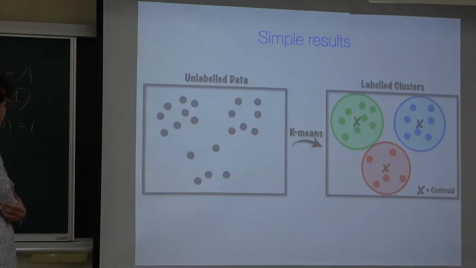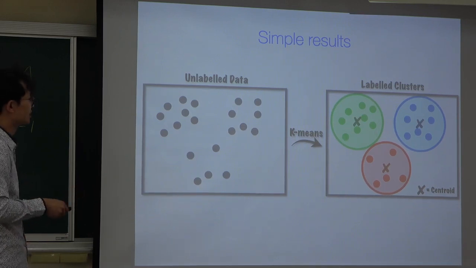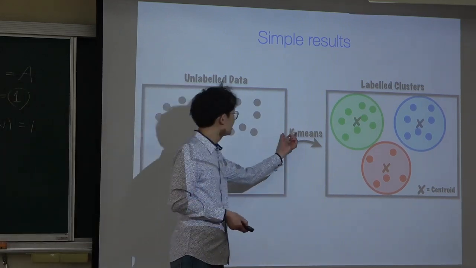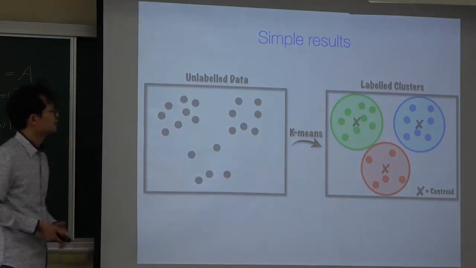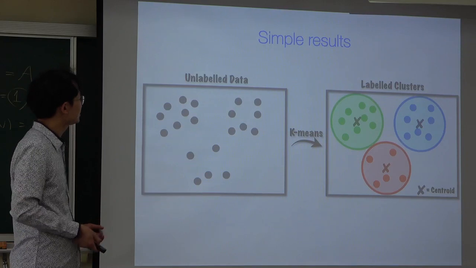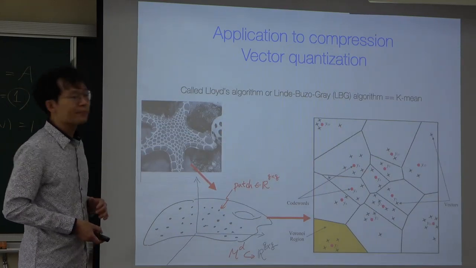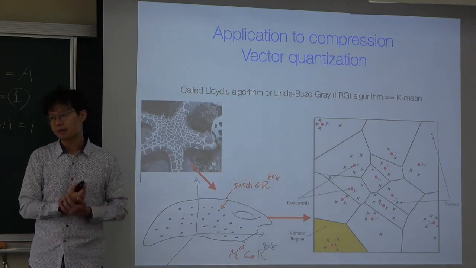So this is a simple result. Once you apply k-means, certainly you need to know k, how many clusters, and there are some algorithms that can help you to determine k, which you can find online and so on, which I will not go into detail. And that is the basic k-means algorithm.